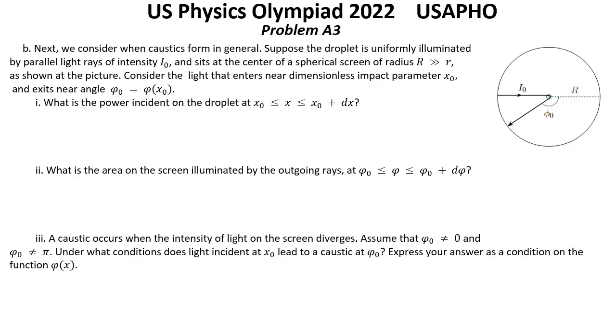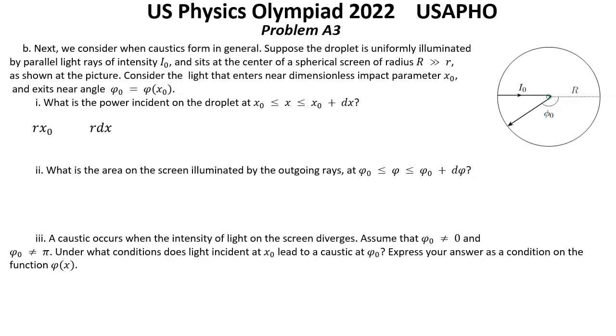First, what is the power incident on the droplet at x0 ≤ x ≤ x0 plus dx? Solution: the region with the impact parameters in this range is a thin annulus with the radius r x0 and the cross-sectional width r dx.